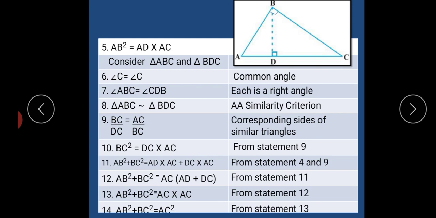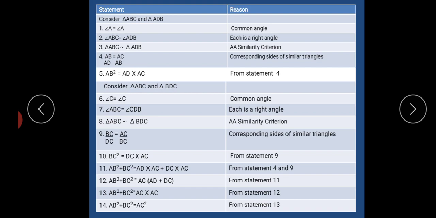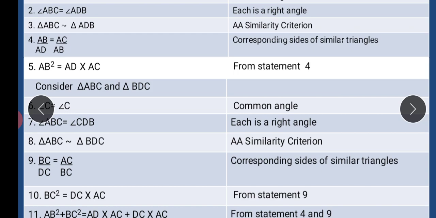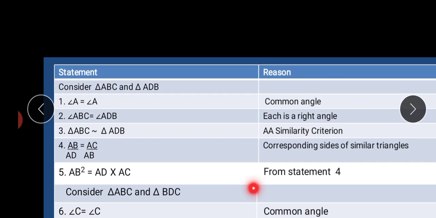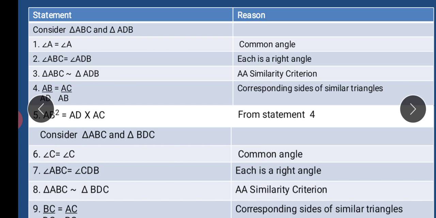Once again, I will explain the entire theorem. Yes, here is the entire theorem. Let us look at the first 5 steps. We select two triangles ABC and ADB with AB as a common side so that we get AB square.